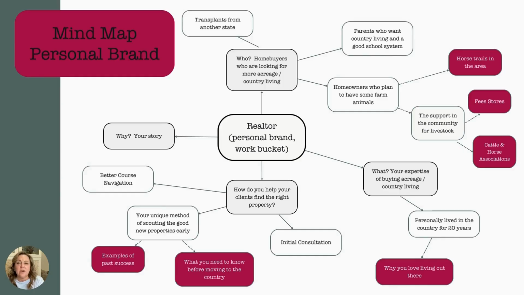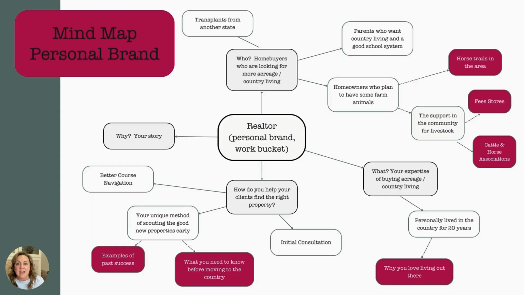Okay, so then the next level out is horse trails in the area, because if they're looking to have some farm animals, maybe they want to have some horses too. So maybe she wants to talk about horse trails in the area. This in pink is the layer of where your content posts actually come from. Let's go back to homeowners who plan to have some farm animals.